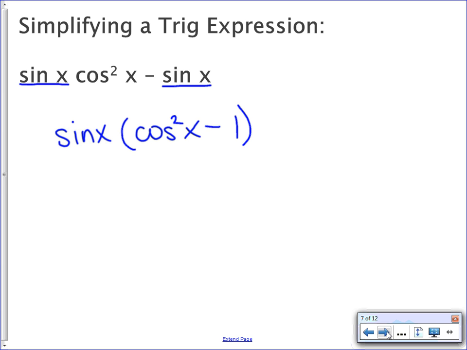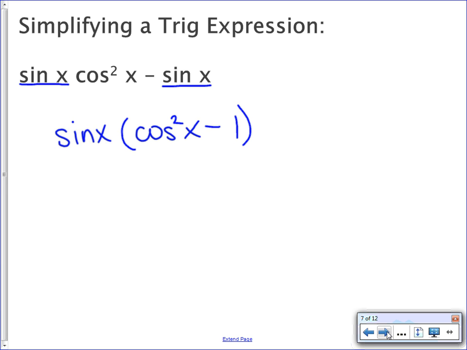Now, it has to lay out nicely. But when you see this right here, you should think, I need to look at my Pythagorean identities because I see that cosine squared minus 1. So when you look at your Pythagorean identity, cosine squared minus 1 is the same as what?